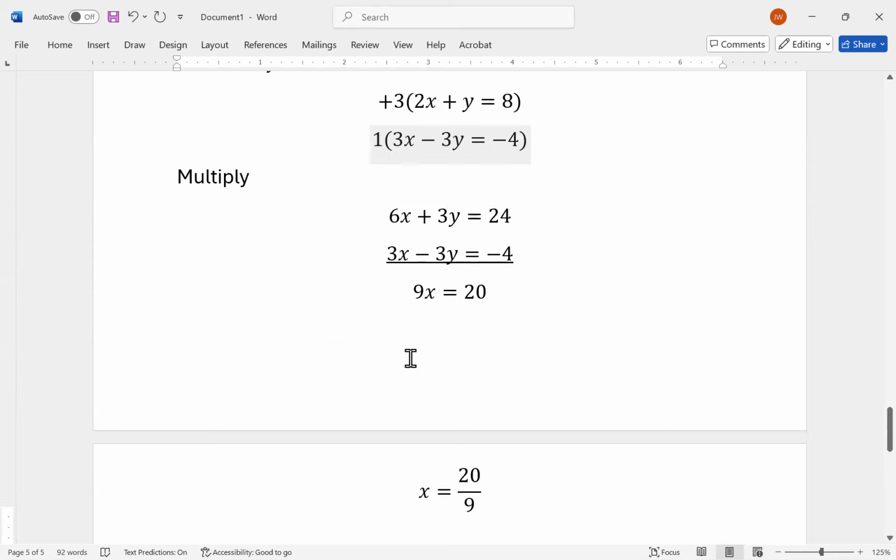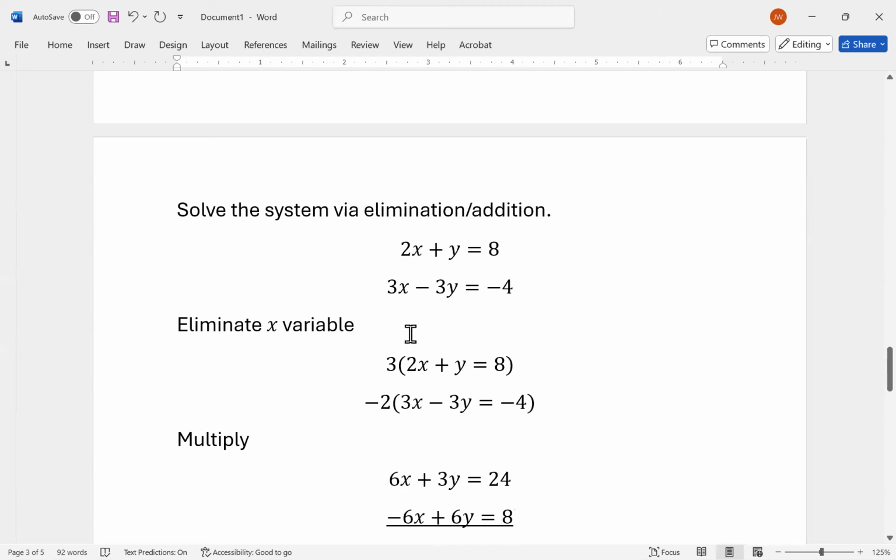Now, if you ever want to try and see if we got the right answer, plug in the x and the y into both equations. Into the first equation, 2 times 20/9 plus 32/9, and confirm that gets you an 8.